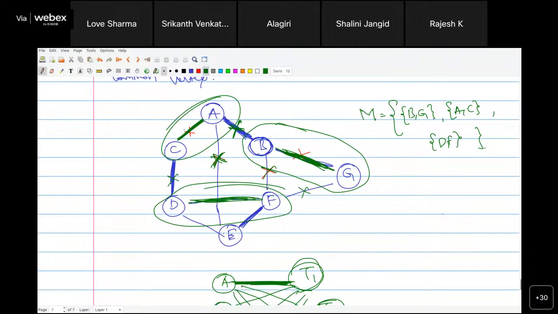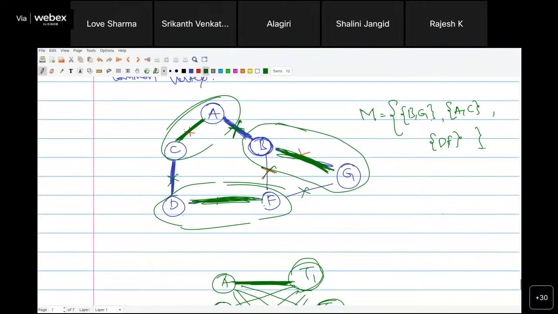So you see, if there is no E at all in this particular graph, okay, so this is how the graph is, let's say. If you see, by considering this matching, all the vertices are covered. So A, B, C, D, F, G. Every vertex is covered in my matching.